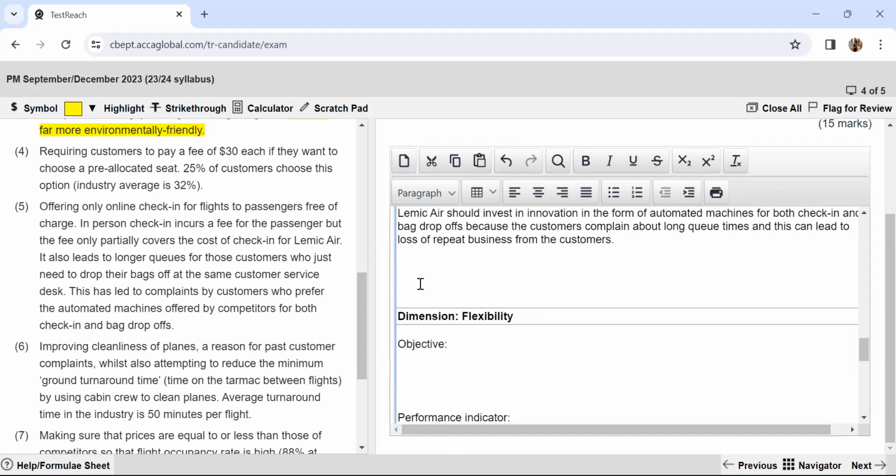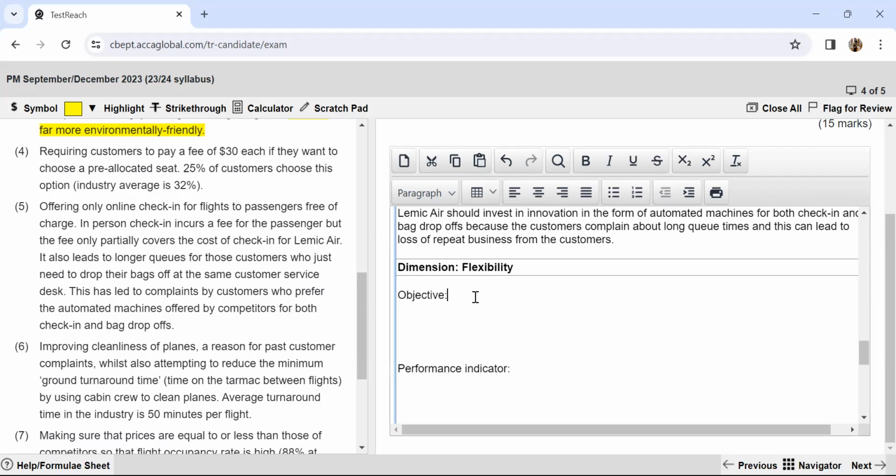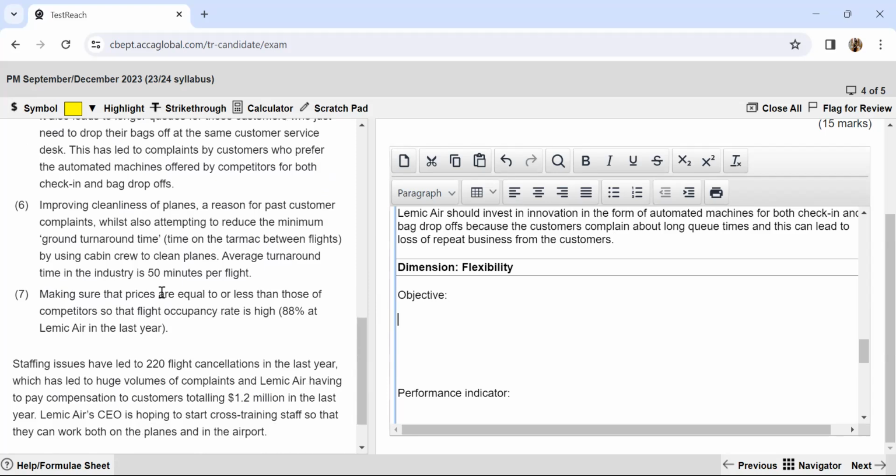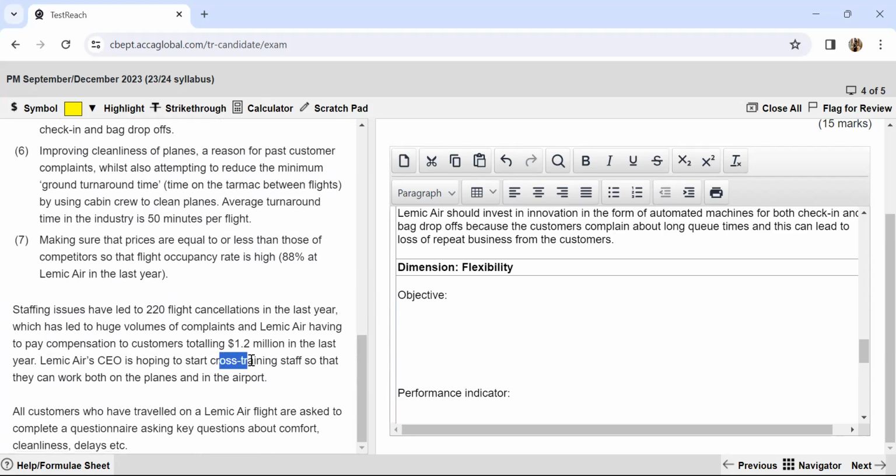Then we move on to the next objective, next dimension, which is flexibility. Now, what do we mean by flexibility? Flexibility means how much we are able to become flexible as per the situation. So we saw that the cleaning is taking a lot of time, and they are thinking to cross train the staff, so that they can work both on the planes as well as the airport.